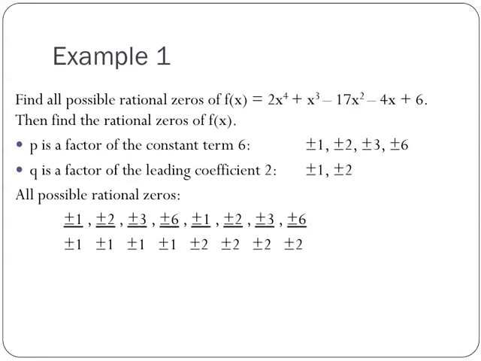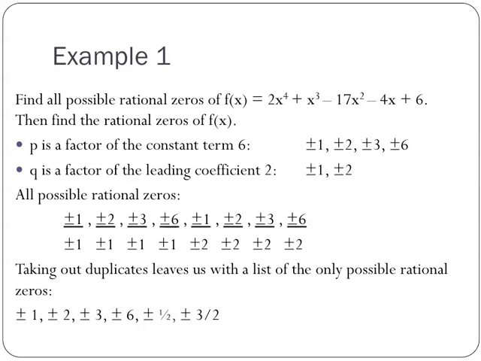We have plus or minus 3/2, and then we have another repeat here with plus or minus 3. So this list here, this is the list of all possible rational zeros. Now that's not to say that these are all actually zeros of this polynomial, but all the rational zeros of the polynomial are going to be somewhere on this list.